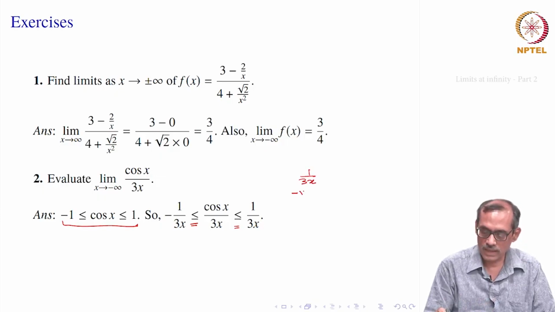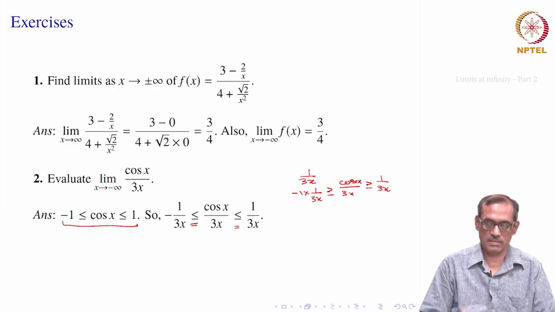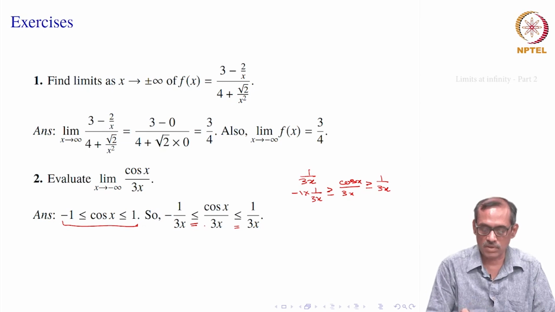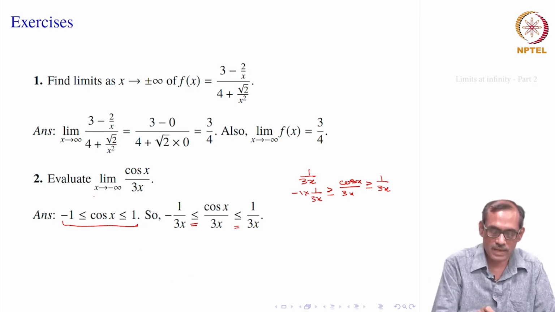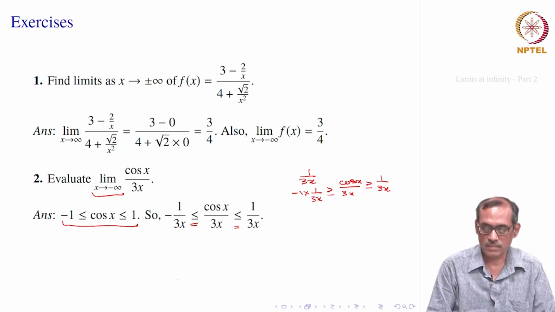So, minus 1 times 1 by 3x will become positive. This will be greater than or equal to cosine x into 1 by 3x, which will be greater than or equal to 1 by 3x for x negative. If x is positive, of course, this inequality is correct, but we are interested in x goes to minus infinity.